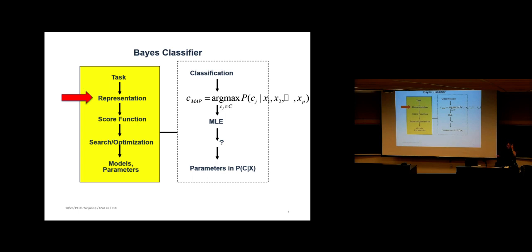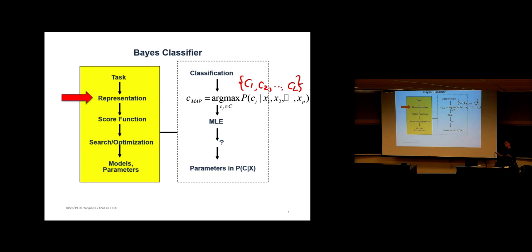Assuming it's a multi-class classification, now I'm changing from Y to C just to distinguish and make the concept a little clearer. So our outputs are classes C1, C2, until CL. This is the set of possible classes I'm trying to predict.